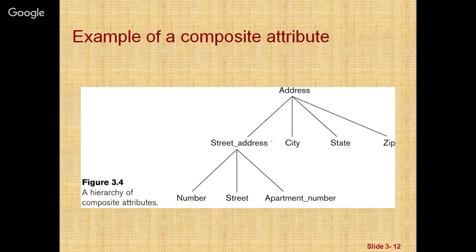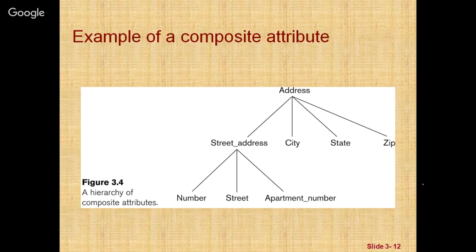So address has street address, city, state, and zip code or pin code, what you say. So the street address may be further divided into street number, street name, and apartment number. It may have further sub attributes. So composite attributes can form a hierarchy of attributes. Okay.